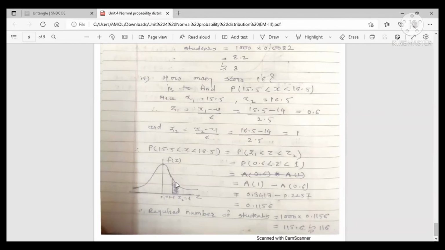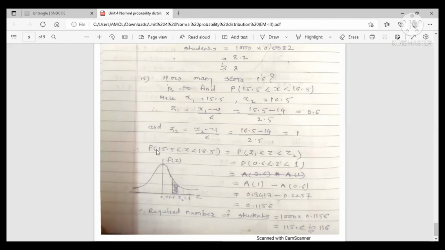We want the area between these two. Area of z2 is bigger than z1, so area of z2 minus area of z1 is the area of the shaded portion.